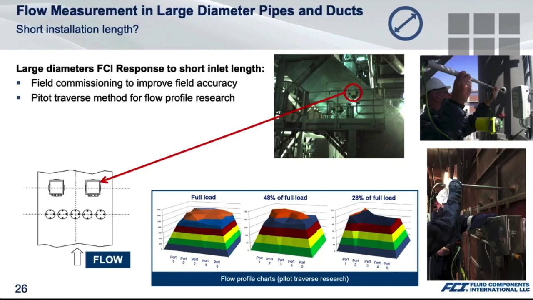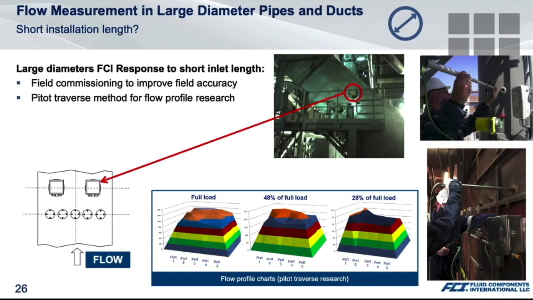Herewith, we are performing a flow profile research to determine the difference of the actual flow profile in the field versus the calibration flow profile. As shown in the illustrations at the bottom, we are taking many points across the cross-sectional area of the duct or pipe.